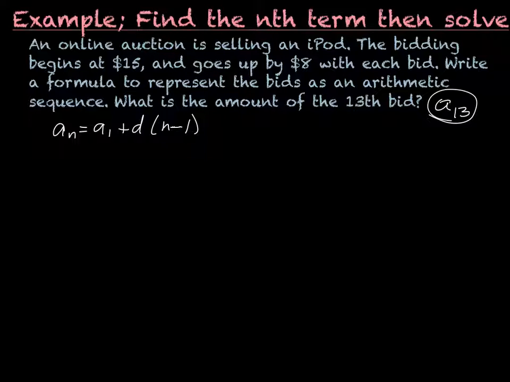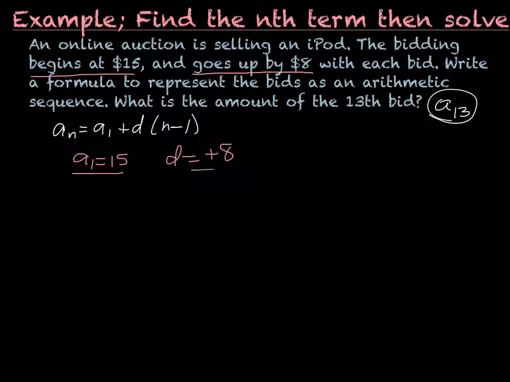First I need to find my sequence here. So it begins at 15. Well, if that's where it starts, then a sub 1 is the starting point, so that's 15. Now, what is the difference? d is how it changes. Okay, so how does it change? It changes by going up by 8. So that means plus 8.